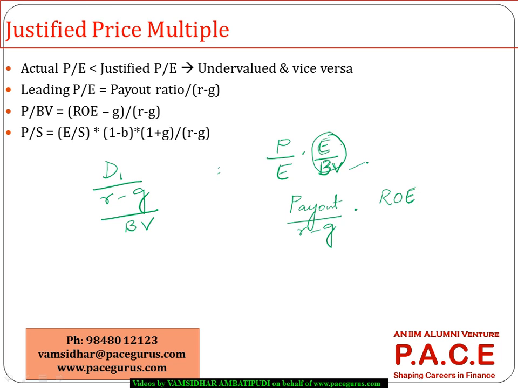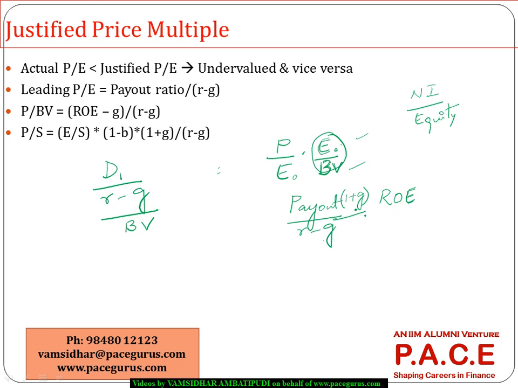Earnings is nothing but net income, and net income by equity is nothing but return on equity. So payout into return on equity, but this is historical. If I say this is historical, this formula will become payout into 1 plus G by R minus G, the trailing part.